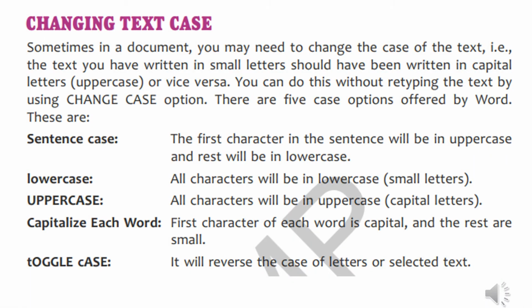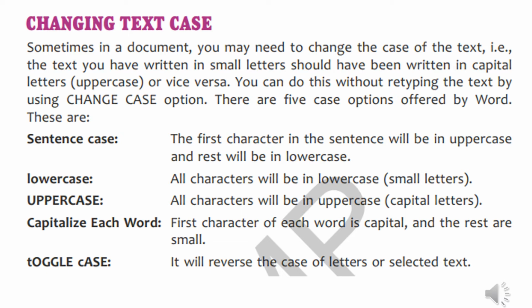Now children, we will learn how to format text in MS Word. First of all, we have changing text case. What is text case? Text case means the text which is written in uppercase or lowercase. Uppercase means in capital letters, lowercase means in small letters. So in MS Word we have 5 cases. One is sentence case.